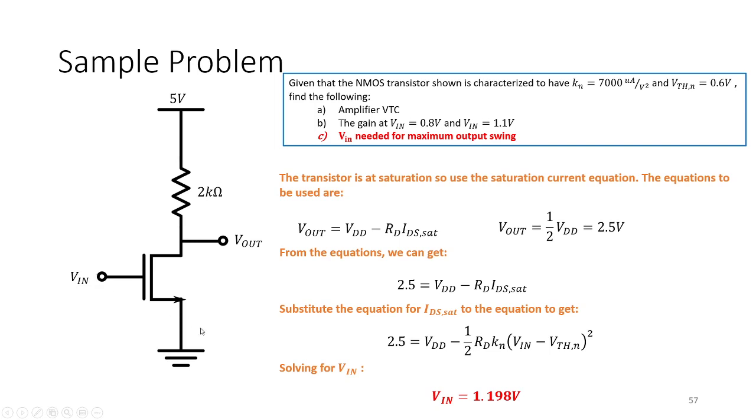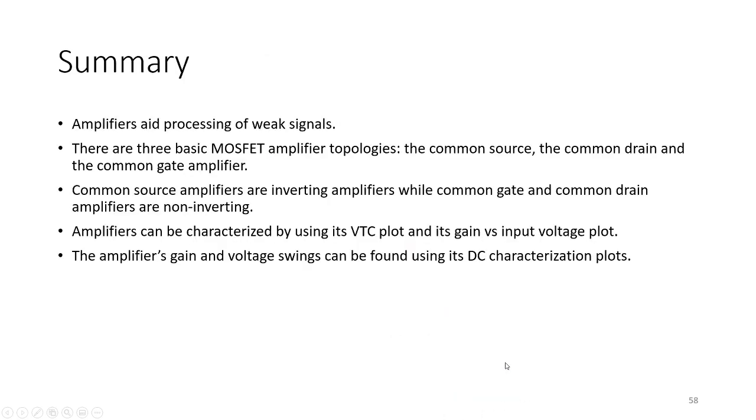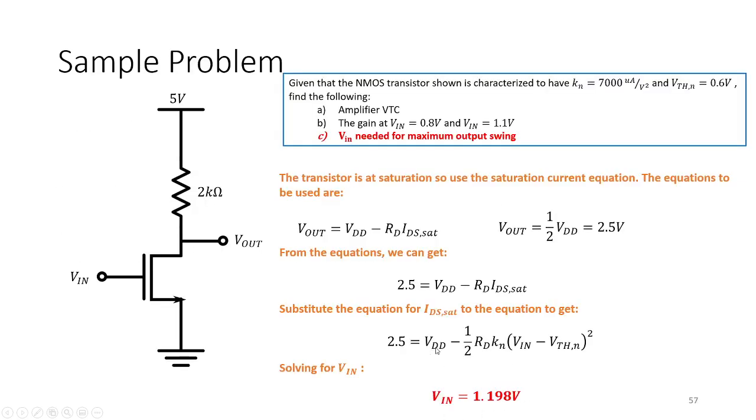And the input is unknown. So that is the variable. VTH is given. The process conductance is given. Resistance is given. The supply is given. You substitute and you get 1.198 volts. So as you can see, if we bias this transistor to have 1.198 volts, we will get maximum output swing.